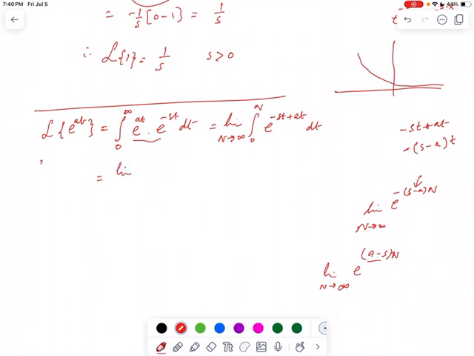Okay, so I now have the limit as n goes to infinity of the integral from 0 to n, e to the minus s minus a t dt, just like what I just did. So the integral will be negative 1 over s minus a times e to the negative s minus a t, with limits from 0 to n, and then I plug in the limits, and then take the limit as n goes to infinity.